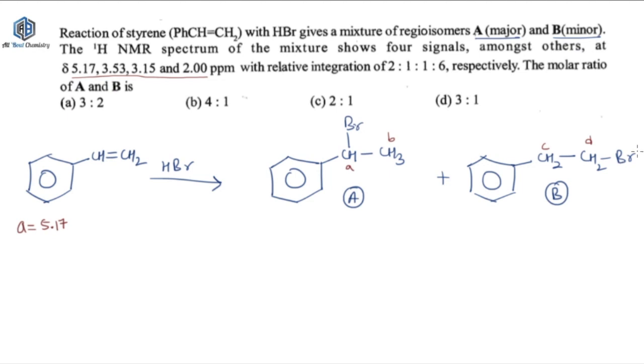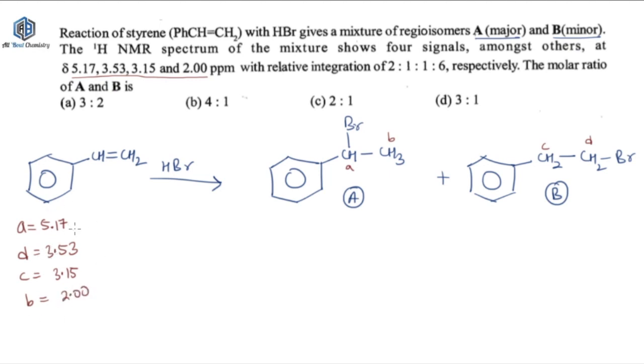Obviously bromine has more electronegativity, so proton D will have the next highest value. D will have the value of 3.53. Coming back to C, that will be 3.15, and B will have the least value because it is not attached to any electronegative group directly. So it will have a value of 2.00.